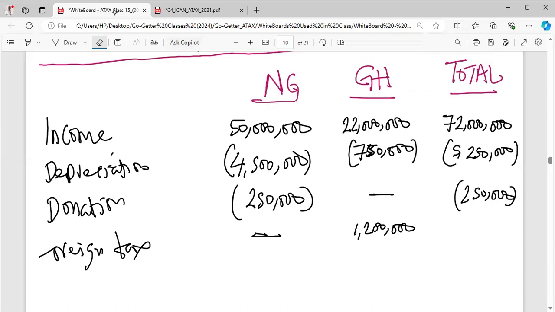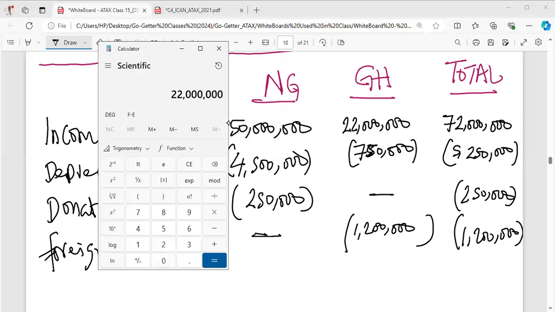Foreign tax is supposed to be a negative, so here should be 1,200,000. Let's look at 22 million minus 750 minus 1,200,000.